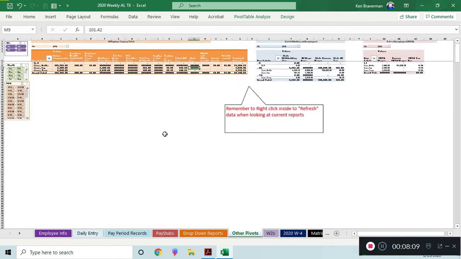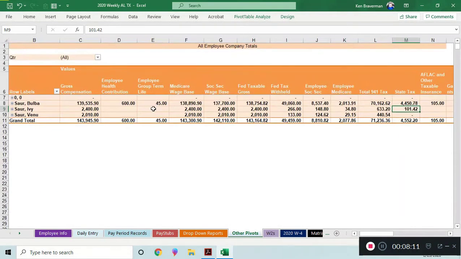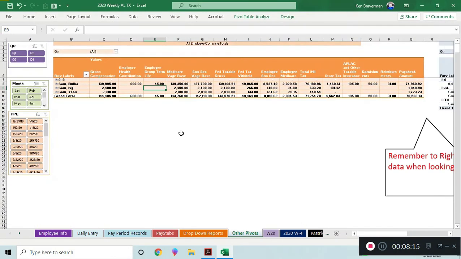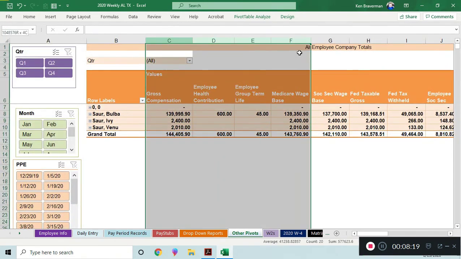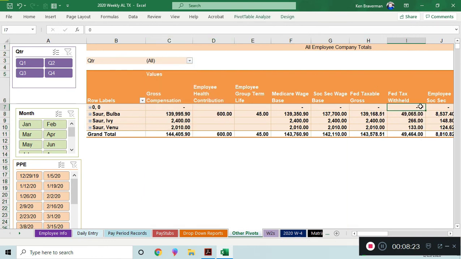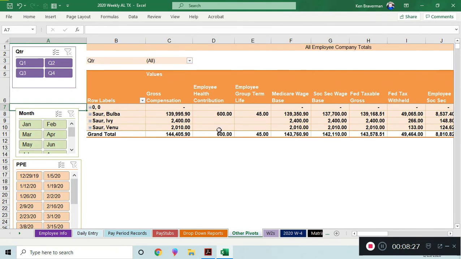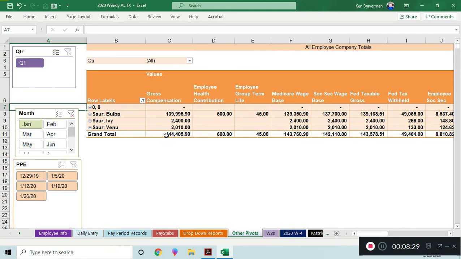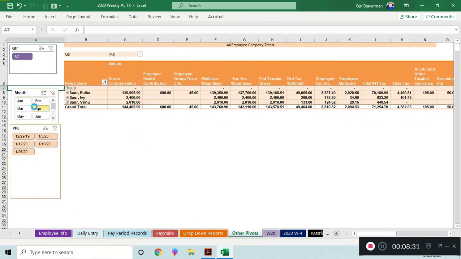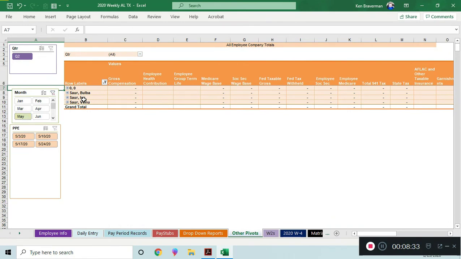Then we have this other pivot sheet. The other pivot sheet here is a table where you can browse, and when you refresh this table, you can start to see information about all different compensation types, tax withheld. You can browse by employee, by month, by anything, and open all of this up. It's another quick way to look at all the tax information here.